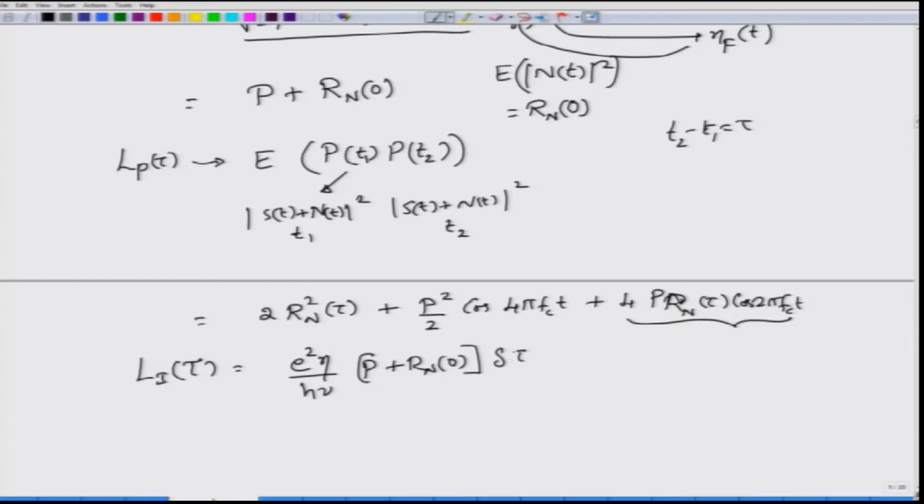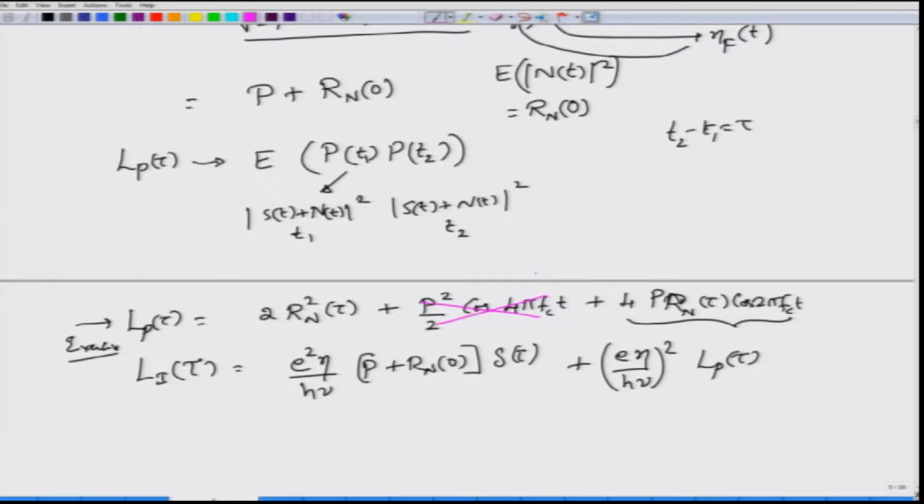This actually has a delta of tau function, right, because it was delta of t2 minus t1. Then the next term that you get is E eta by h nu whole square times Lp of tau, where we have looked at Lp of tau, which I have left as an exercise to you to show. Okay. Because this term is varying at twice the frequency Fc, so twice the signal frequency, this can be safely eliminated.